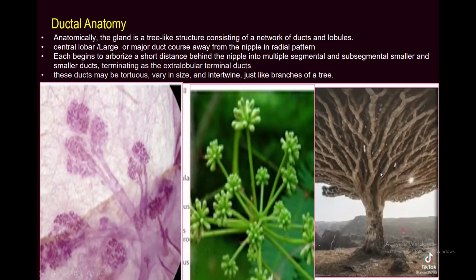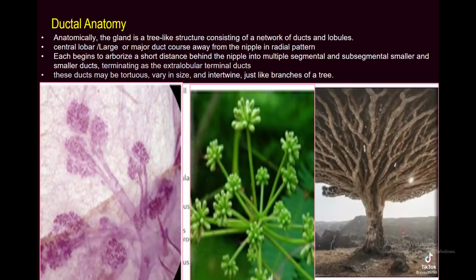They arborize for a short distance behind the nipple, then start to arborize into segmental and subsegmental ducts, terminating into the extralobar and intralobar ductules.